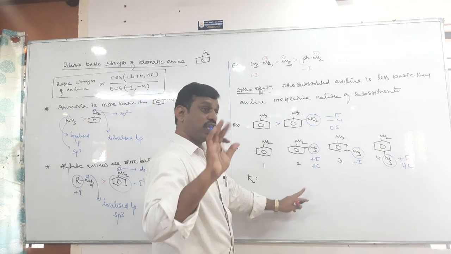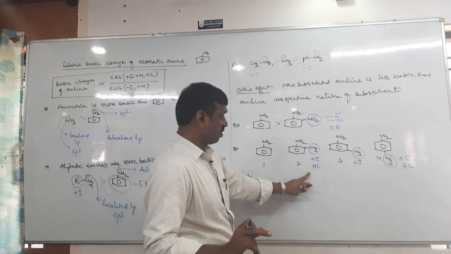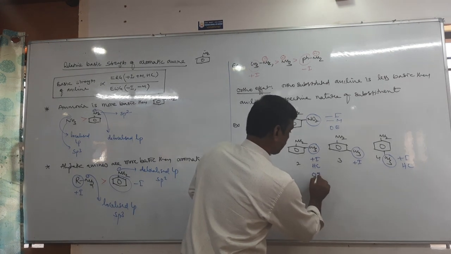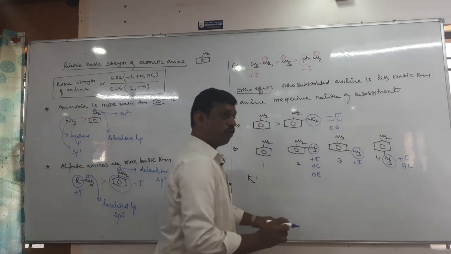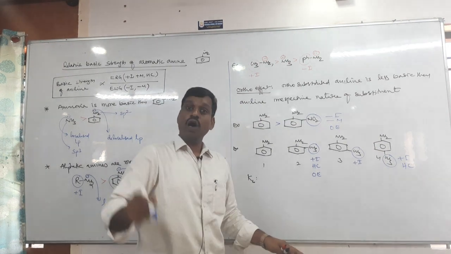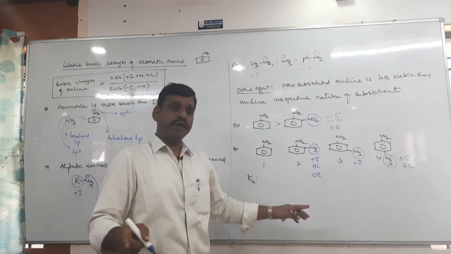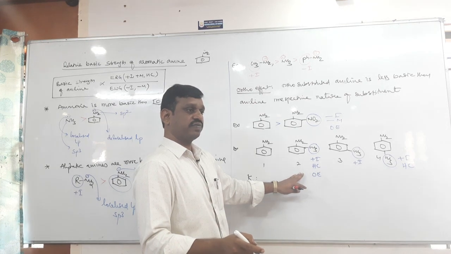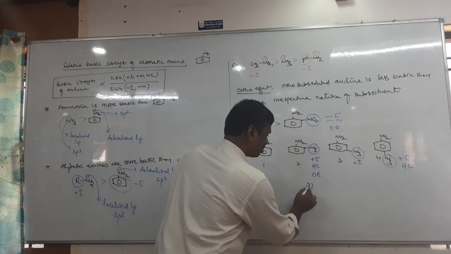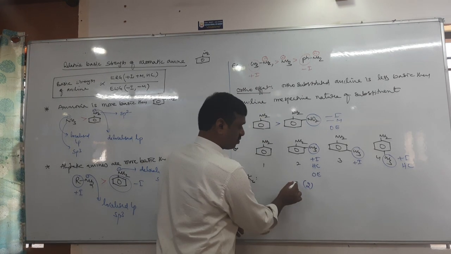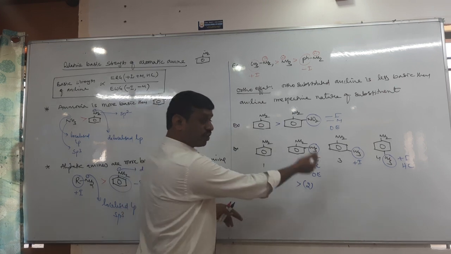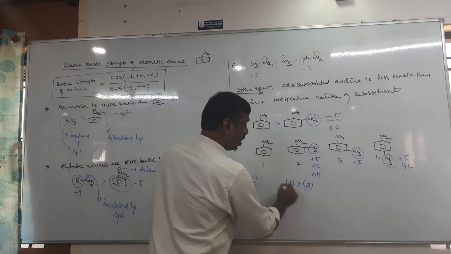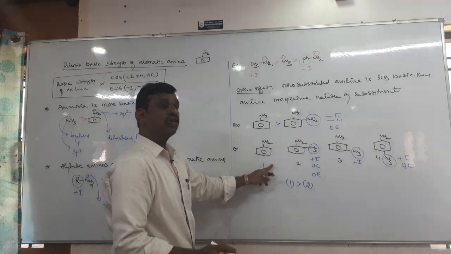Methyl group is electron releasing because of two effects, and there is also an ortho effect. If the ortho effect is much more, that means it is the least basic. So second is the very least. Then after second, which is least? 1 is least, because there is no electron releasing.